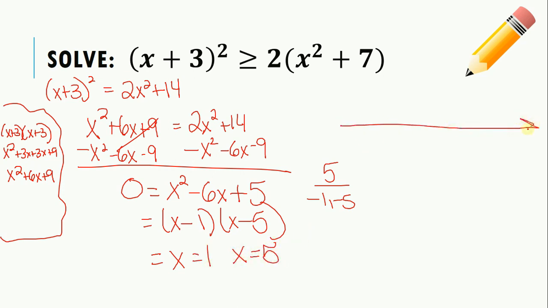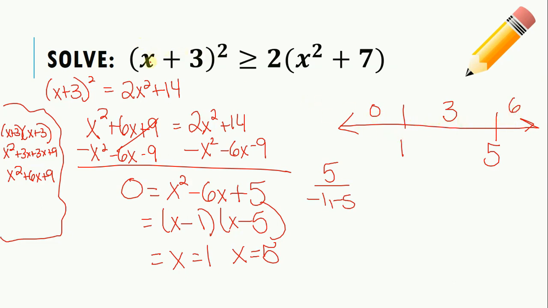Let's go ahead and set up our number line here. 0 is to the left of 1. Let's pick 3 in between 1 and 5, and let's go 6.